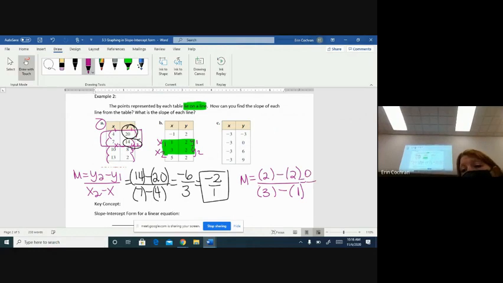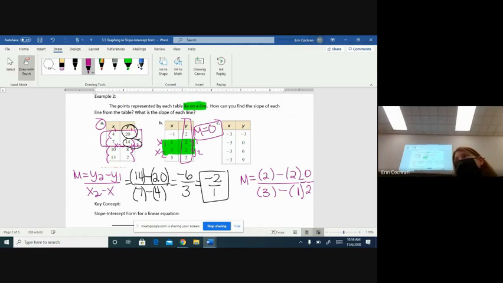And 3 minus 1? 2. And what's 0 over anything? 0. So the slope of this is 0. So anytime your y values are always the same, my slope will be 0. It's a horizontal line, right? It's a horizontal line. All right, go ahead and find C for me.